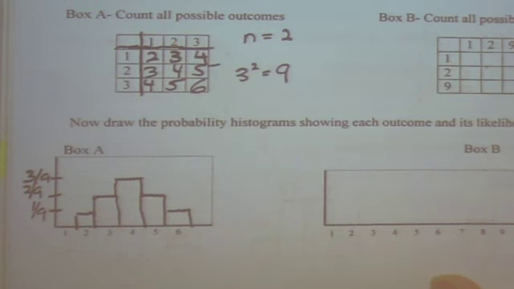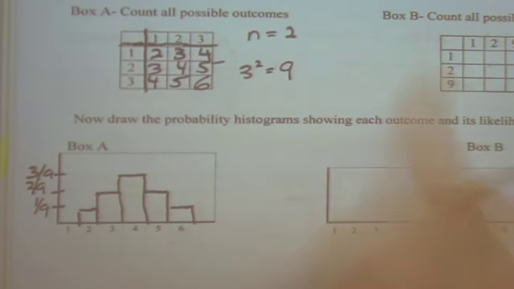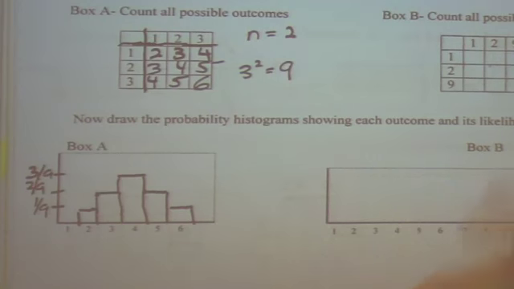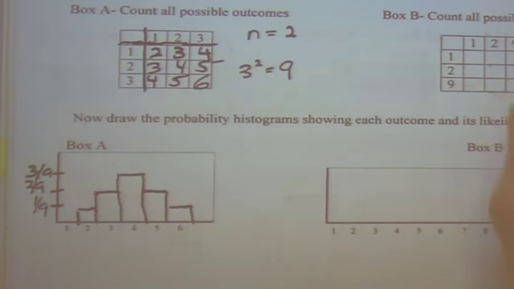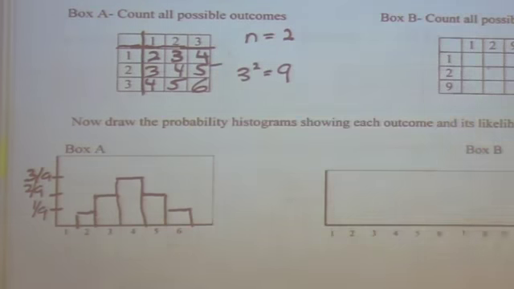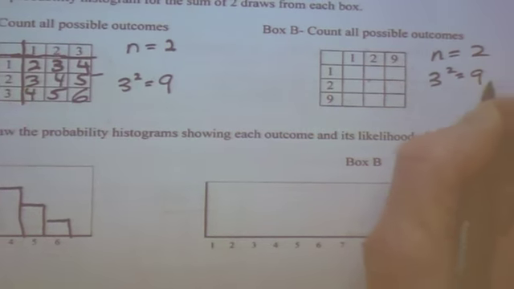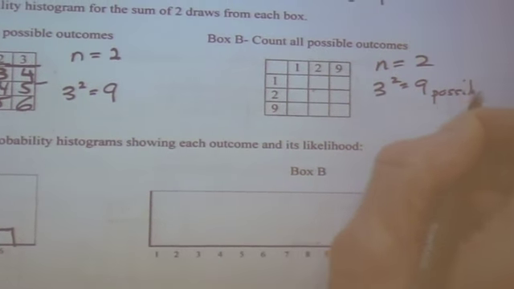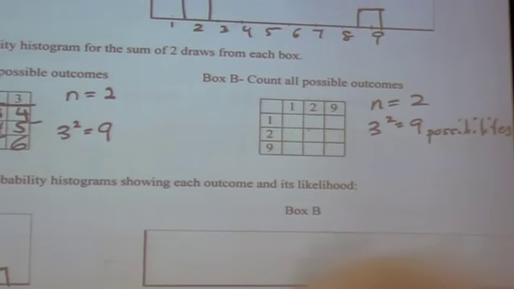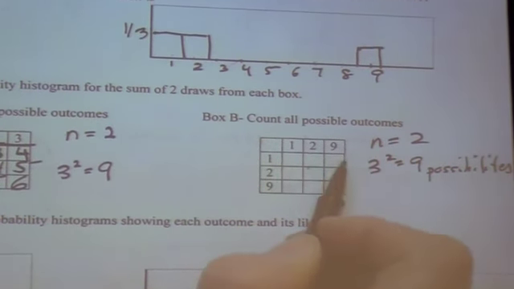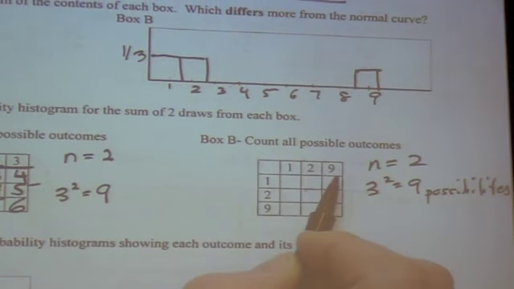All right, now let's look at this. There's still n equals 2. We're doing 2 draws from that box. There's still 9 possibilities, and let's see what they are. If we add 1, let's say we could get a 1, 2, or 9.